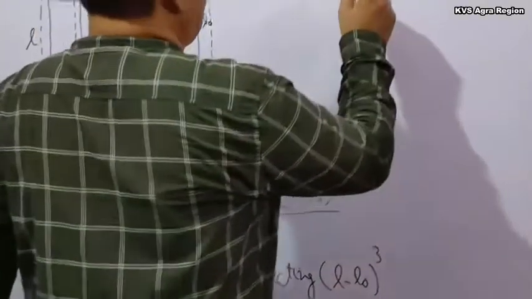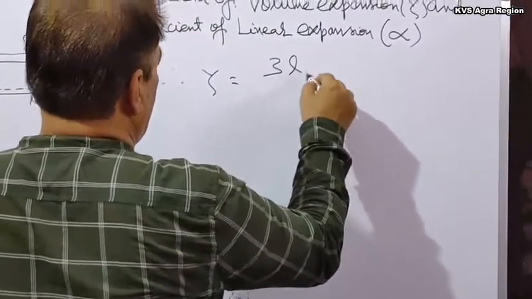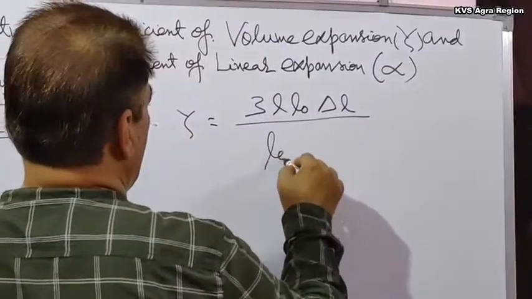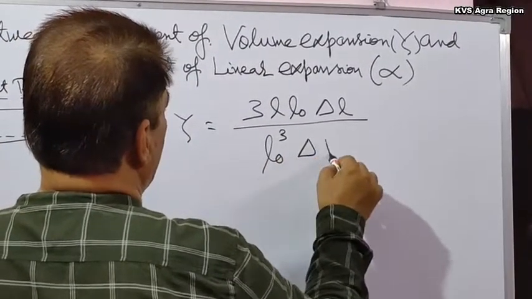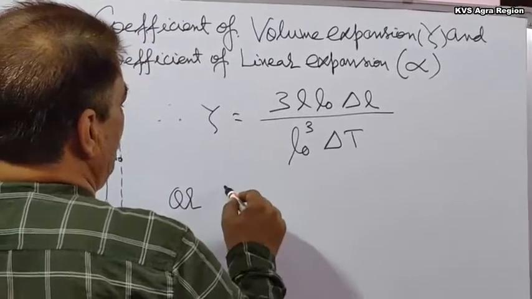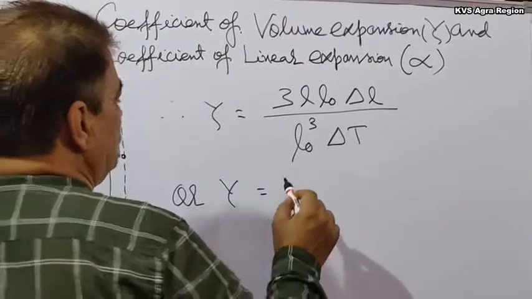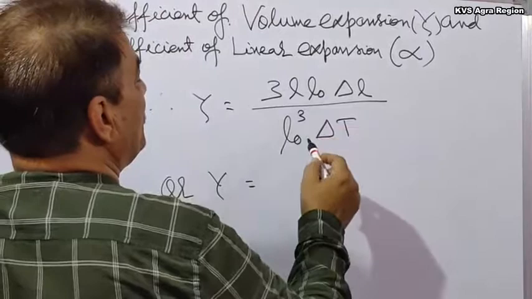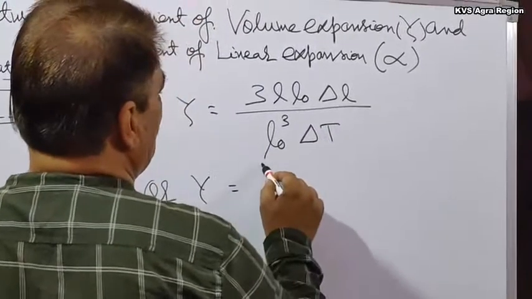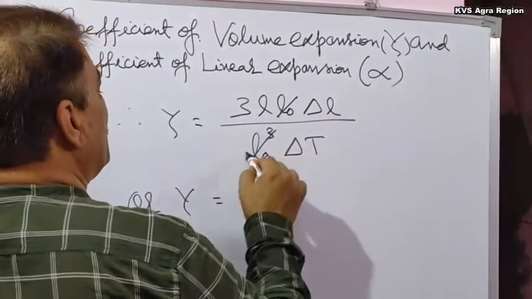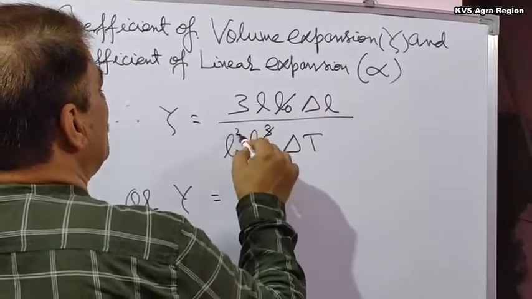Now we have gamma equivalent to 3 L naught. L minus L naught will give us delta L, upon L naught cube delta T. So here one power of L naught will be cancelled: gamma equivalent to 3, by L naught, one power of L naught cube will be cancelled, so we will have L naught square.